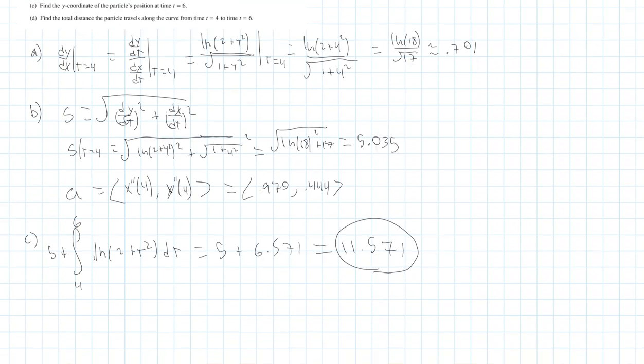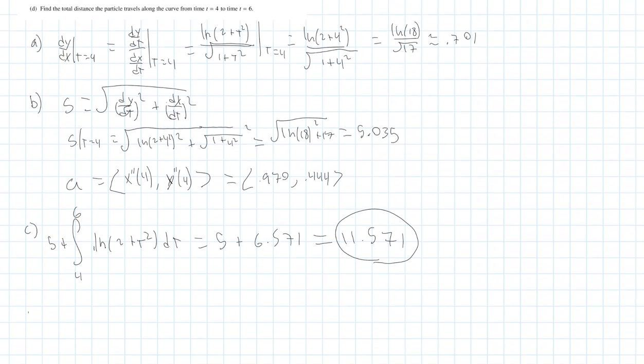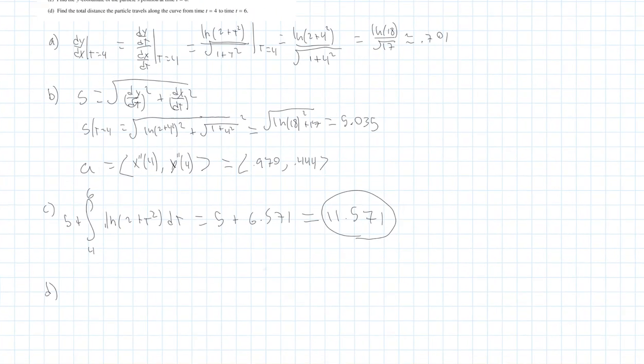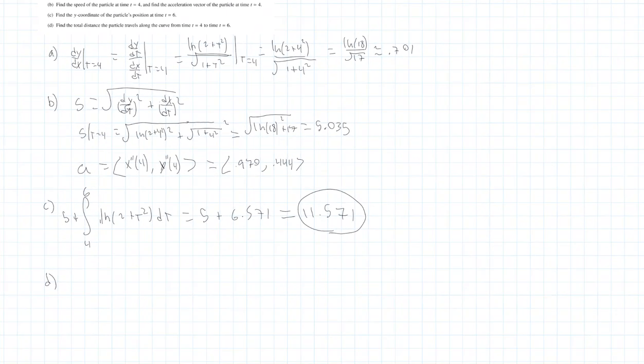Now for part D, we have to find the total distance the particle travels from t equals 4 to t equals 6. So to do that, we're going to take the integral from 4 to 6 of the square root of (dy/dt) squared plus (dx/dt) squared dt, because this is the formula for path length, and this will give us the total distance traveled from 4 to 6.